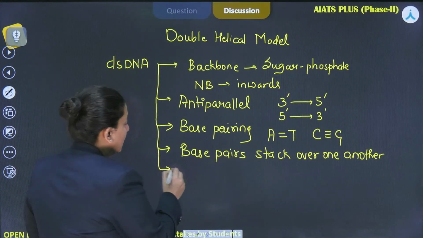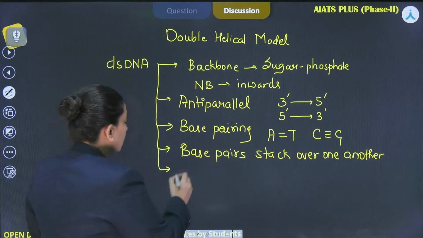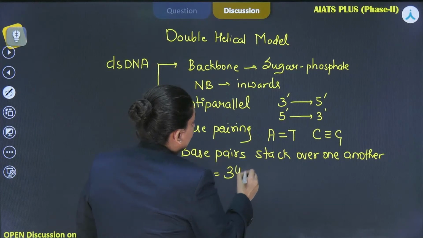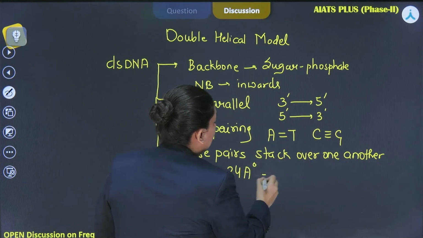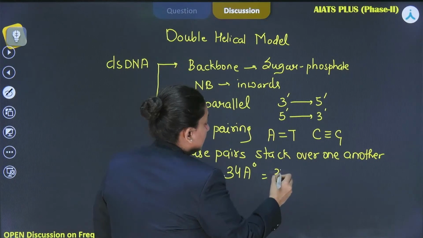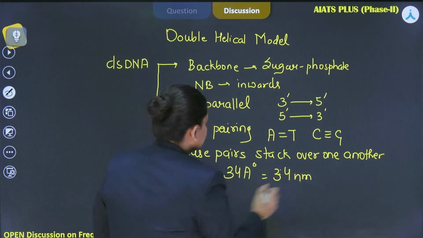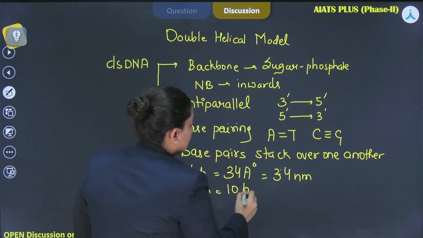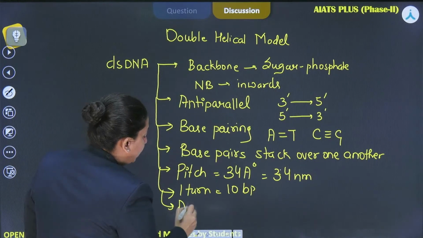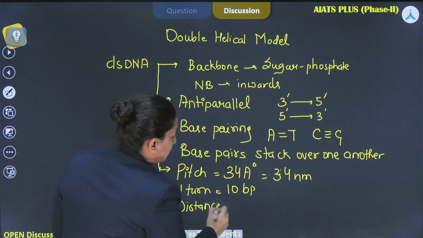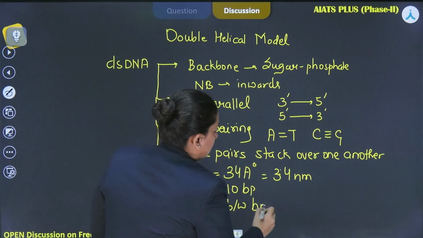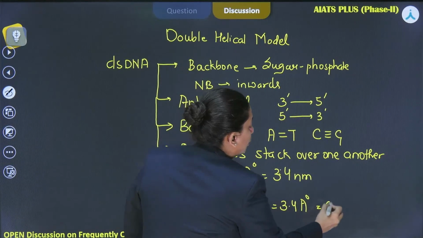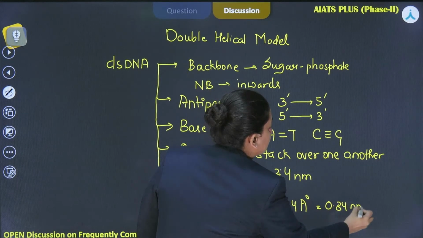Along with that, they have also defined the pitch of the DNA. That's going to be 34 angstrom, or in nanometers it will be 3.4 nanometers. They also said that in one turn we'll have 10 base pairs, and the distance between the base pairs would be 3.4 angstrom or 0.34 nanometers, right?